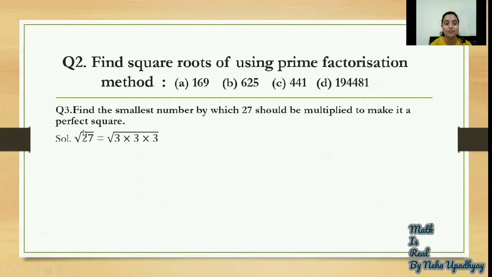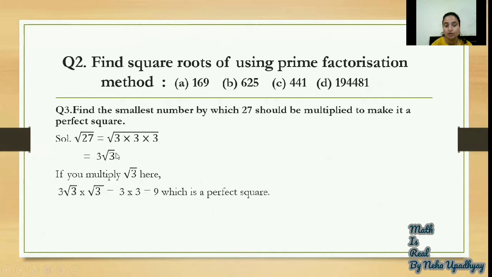Let's suppose that we have 27, we have applied a square root sign, and now we are factorizing it. See, 3 and 3 make a pair, but this 3 is left alone. So this one 3 can come out and this 3 will be left alone. But if you multiply root 3 here, what will we get? This 3 root 3 was here.